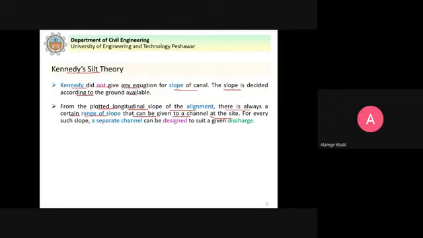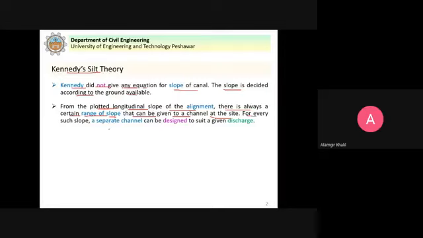Just like you remember from the profile leveling of the road in your survey course. There, if you remember, there was a certain range of slopes for the alignment. So similarly, for the case of a canal, from the plotted longitudinal slope of the alignment, there is always a certain range of slope that can be given to the channel at the side.